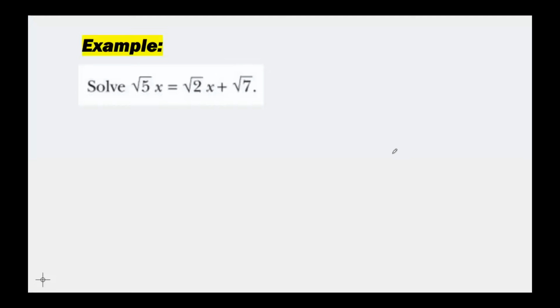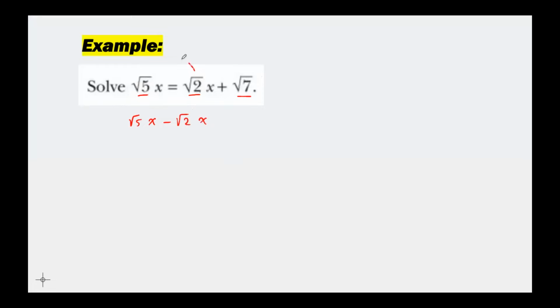The first case is that if you notice, it's only the coefficients that are in surd form. So this is just a simple equation that involves surd. What we can do is to just combine your like terms. In this case, the square root of 5x and the square root of 2x are like terms.